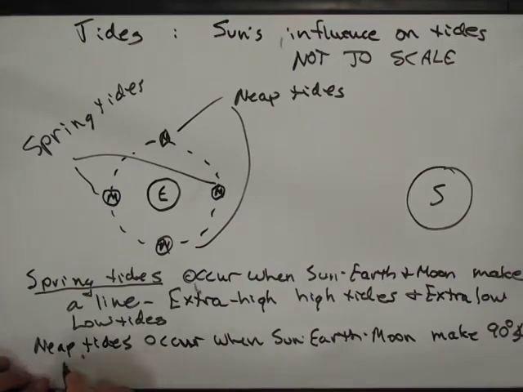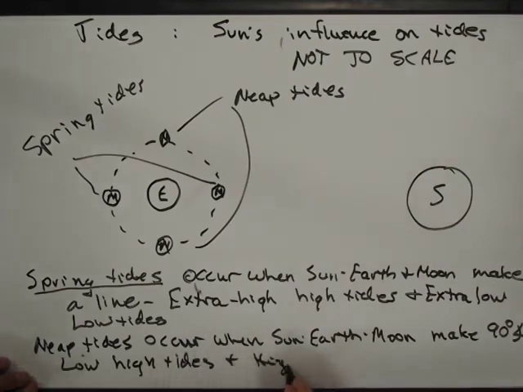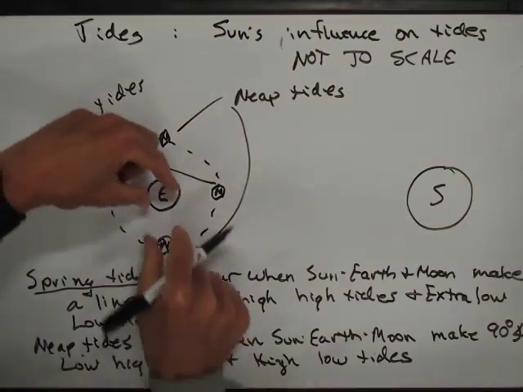And these give low high tides because the moon's stretching the Earth this way.